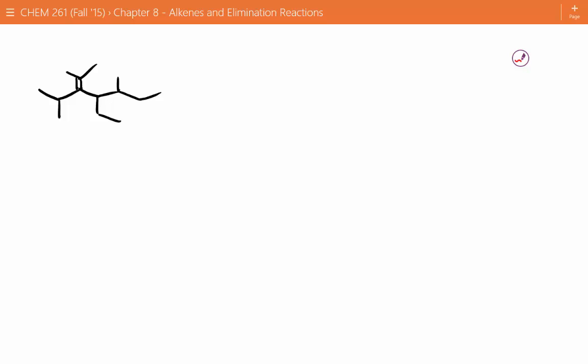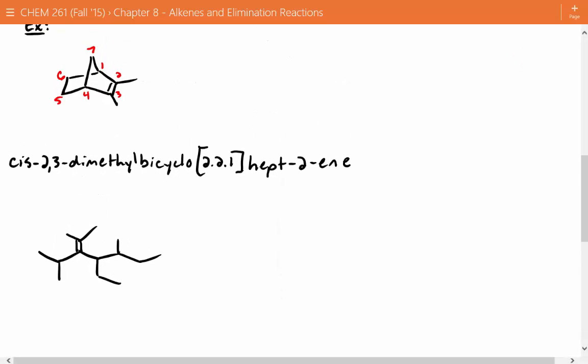So the one position will always be at a bridgehead when you're numbering a bicyclic ring system. Well, what about a one ring system, just a ring, not a bicyclic? Oh yeah, let's say you're talking about cyclohexene like we made in lab. You don't have to say one because it's implied, right? So if you are running into situations like that, you don't have to necessarily number them. Same with cyclohexanol. The alcohol is always going to be coming off the one position because you choose how to number it, right? Okay.